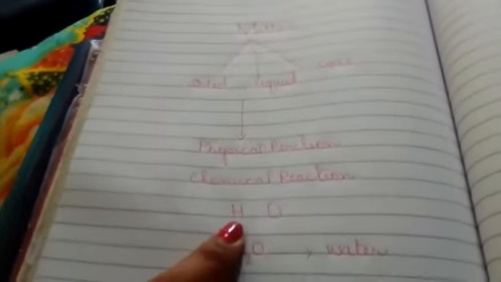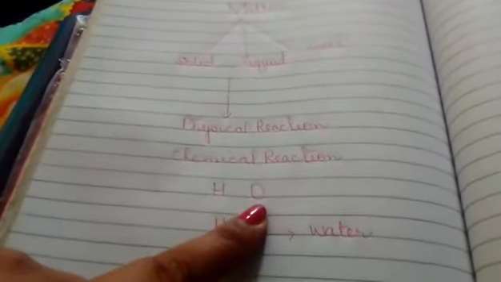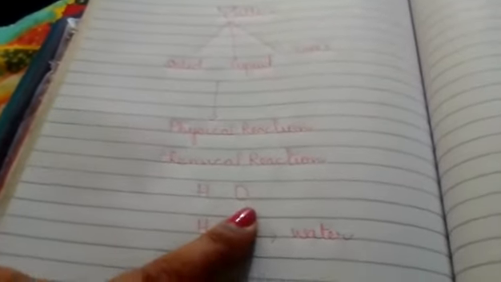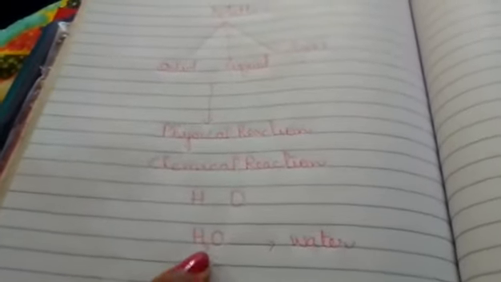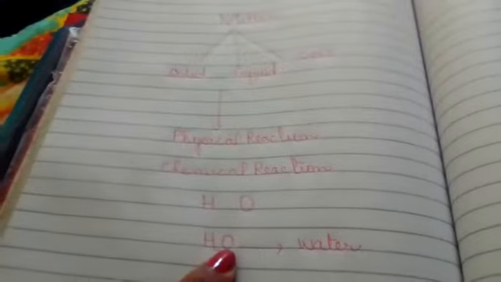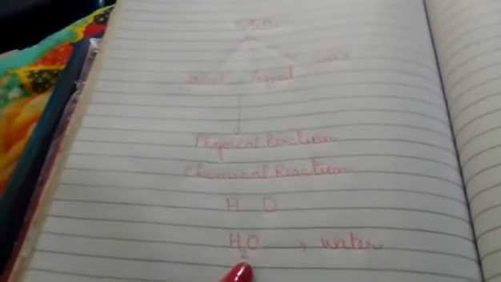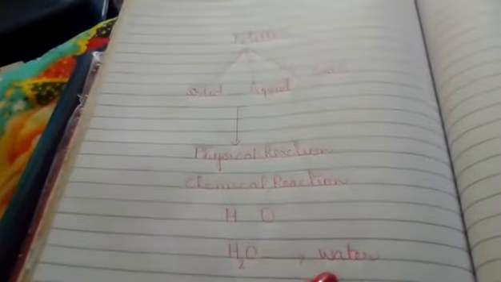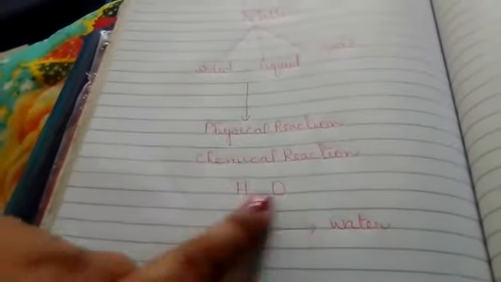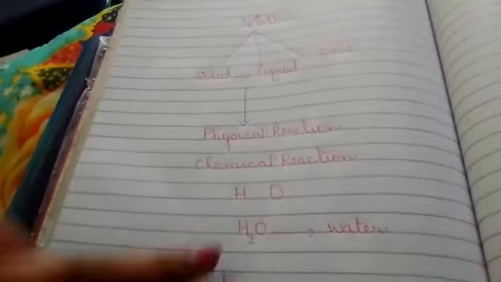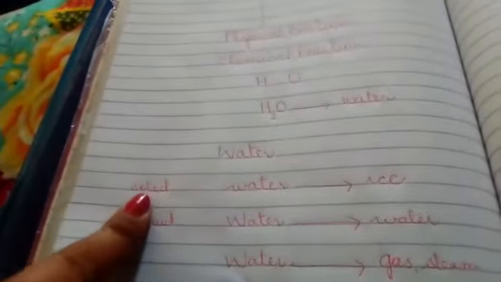We have two substances here, hydrogen and oxygen. These two substances make H2O, means water. H2O is the formula of water. So we have water here. When water is in the form of ice, it is in a solid form.